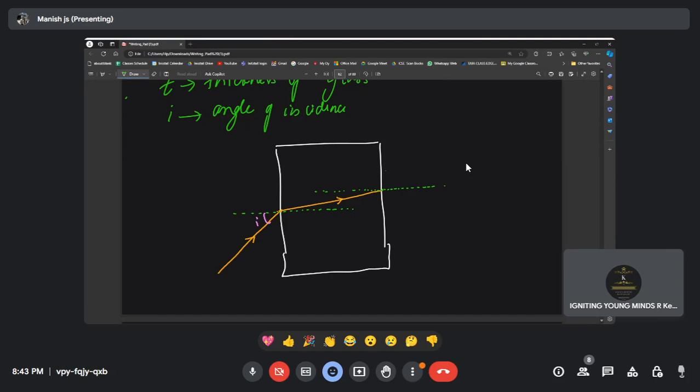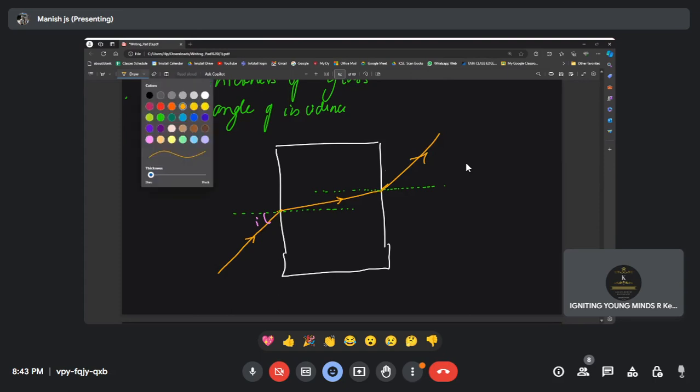The ray, after it has touched the other surface, is again going to go from denser medium back to rarer medium, isn't it? It goes from denser back to rarer. So when you do that, it travels in the same direction as it was incident on the glass slab, in the direction I am showing.